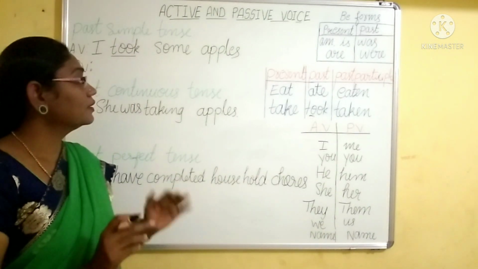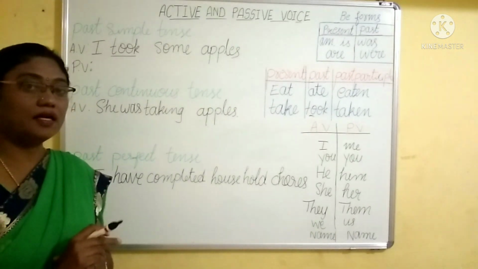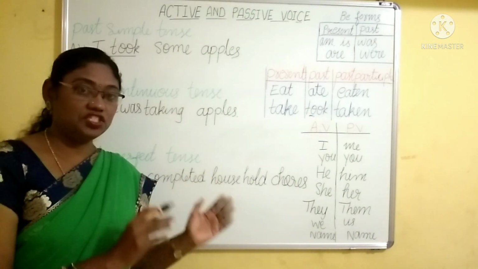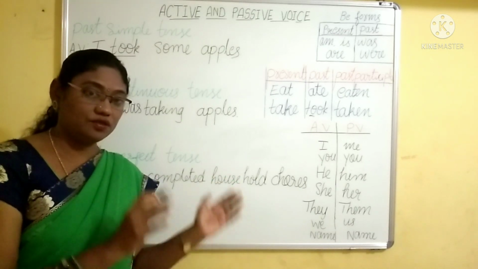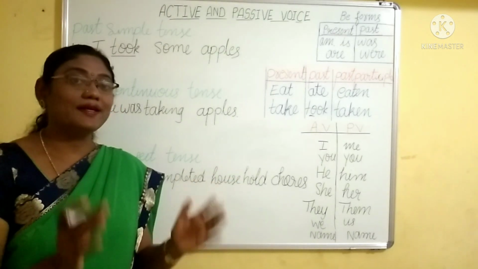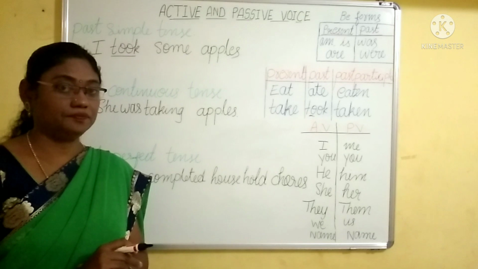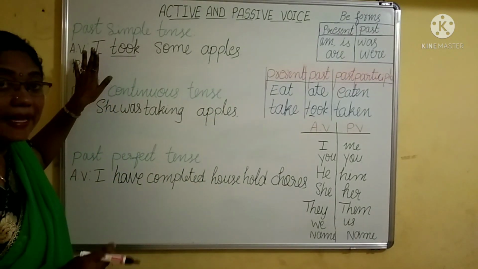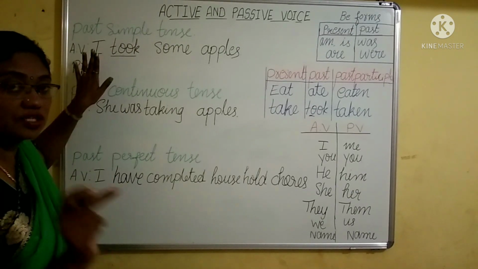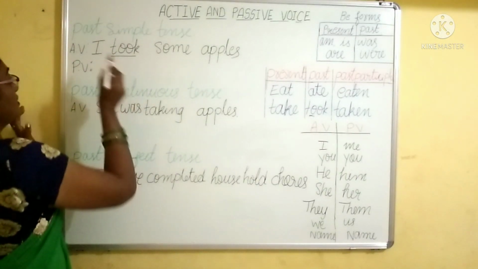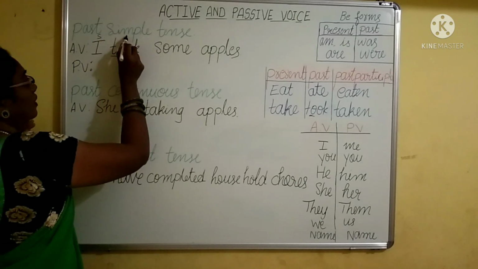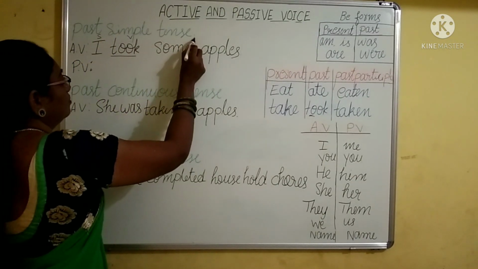Now let's start the steps of changing active voice into passive voice. What is the first step? We have to get to know the sentence structure first. What is the sentence structure here? This is subject, verb and object.